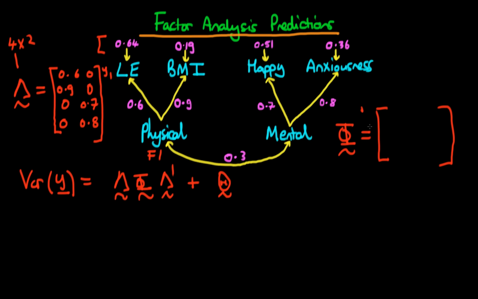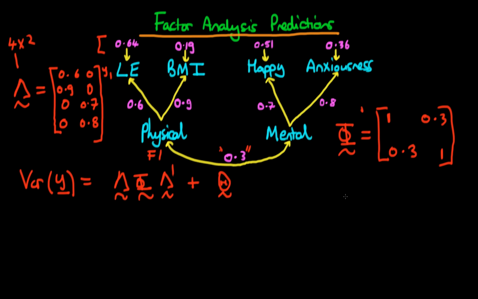So because we are talking about standardized variables in general, the diagonal components in this example are just going to be 1 because it's just going to be the correlation of physical and mental health, respectively, with themselves. How about the off-diagonal components? Well, we can see that our model here has predicted that the covariance between these two factors is 0.3. So the off-diagonal elements here are just going to be 0.3. So that's our variance covariance matrix for our factors.